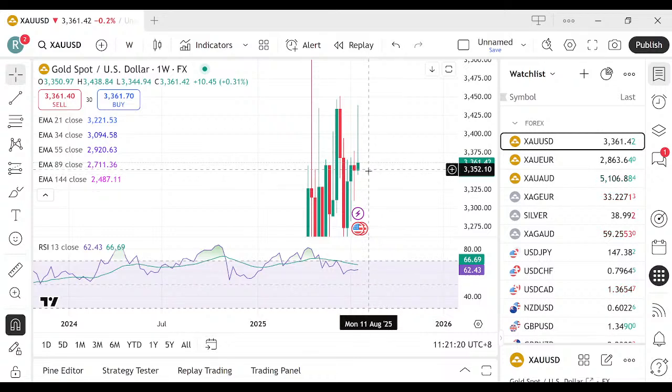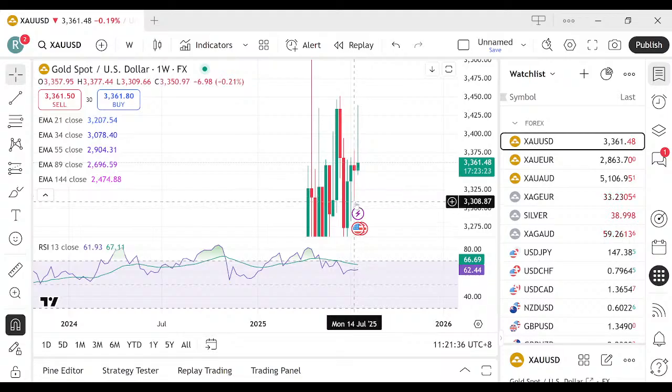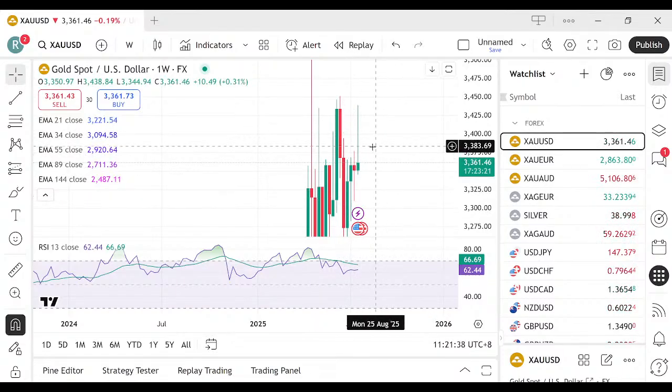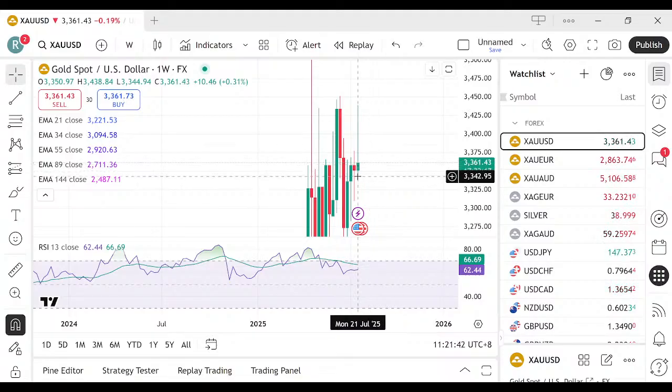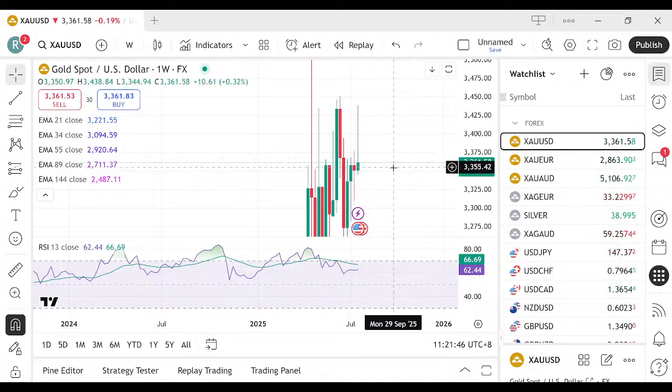And we have one more in-between level which is 33.40. So we have a support at 45 or target. Okay, target 45.40 and final target is 33.10, but I'm not sure whether this is going to happen today, but most likely today we should see 45.40, which is the most likely target for today.